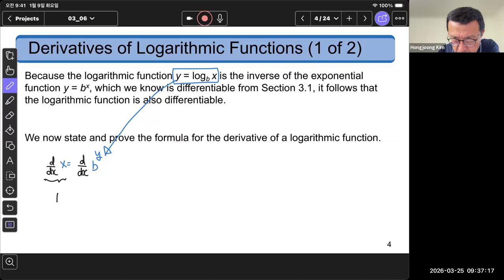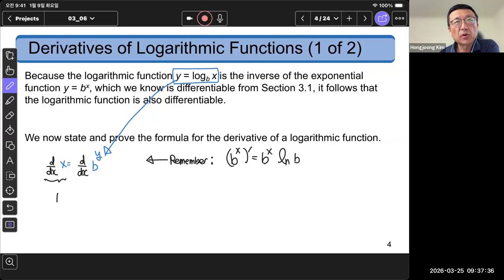And please remember that if you differentiate b to the x, you get b to the x times ln b, right? That's what you got when I differentiate this exponential function.